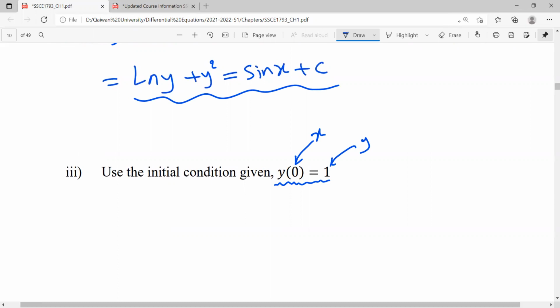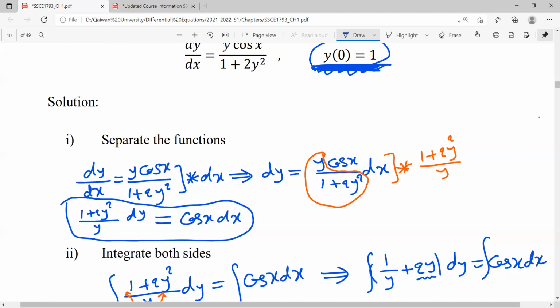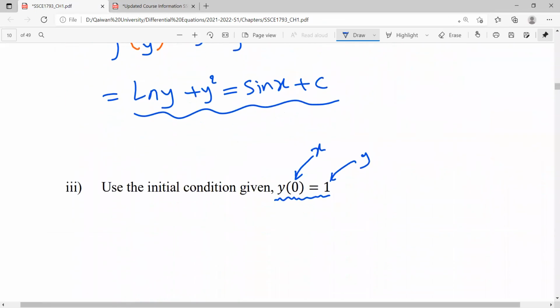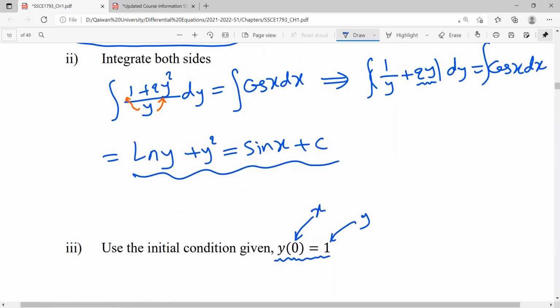If it's not given, if it is not an initial value problem and we have only the differential equation, we just leave the solution like this as the final answer.